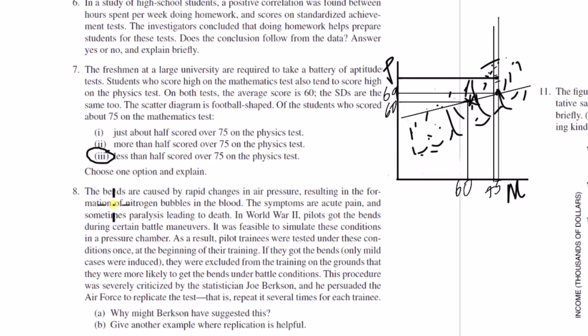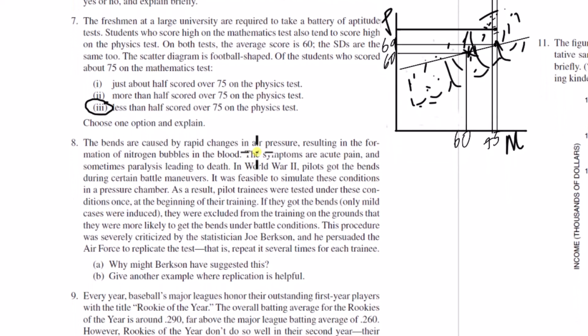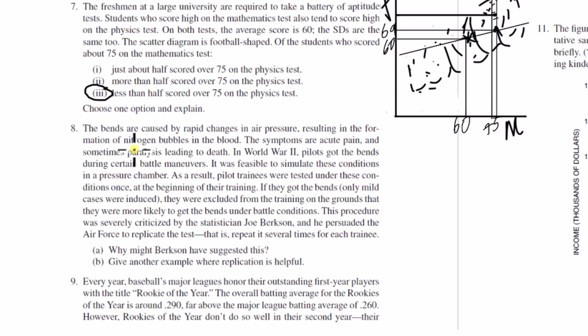Okay, the bends are caused by rapid changes in air pressure, resulting in the formation of nitrogen bubbles in the blood. The symptoms are acute pain and sometimes paralysis leading to death. In World War II, pilots got the bends during certain battle maneuvers. It was feasible to simulate these conditions in a pressure chamber. As a result, pilot trainees were tested under these conditions once at the beginning of their training.